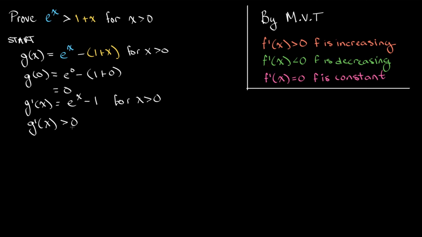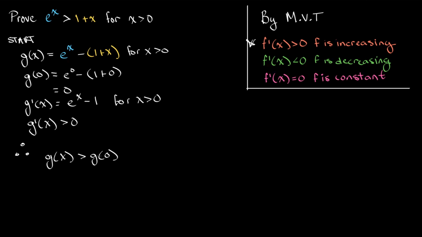And what that means is we can now say, therefore, we're able to compare g of x and g of 0. We're able to say that g of x is greater than g of 0. And again, for x greater than 0. And why is that? That's this fact right here. We found that our derivative is positive. Therefore, our function g of x is increasing on this interval.